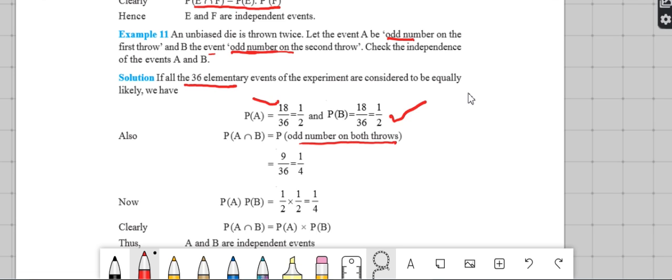So this is possible in 9 by 36 ways, that you can check in all those 36 which terms will appear: 3 3, then 3 1, and 3 5 and so on. So this kind of number you will get, that is 9 outcomes appear. So 1 upon 4. So P of A into P of B is equal to 1 upon 4, and it proved that A and B are independent events.